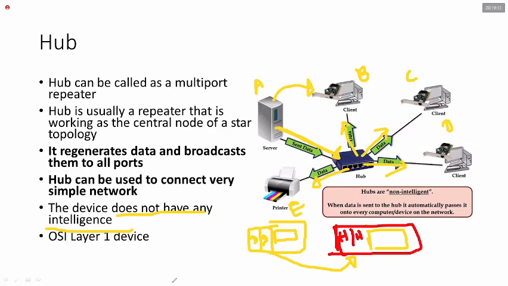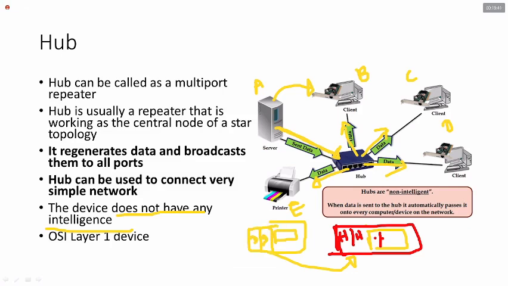Now hub B1 cannot read this part. The final destination is here, and to read the final destination details you need layer 3 intelligence. If you have layer 2 intelligence, you can read the next hop addresses. But hub B1 cannot do that. So which layer does the hub belong to? Layer 1. If it cannot read the layer 2 information, it's a layer 1 device.